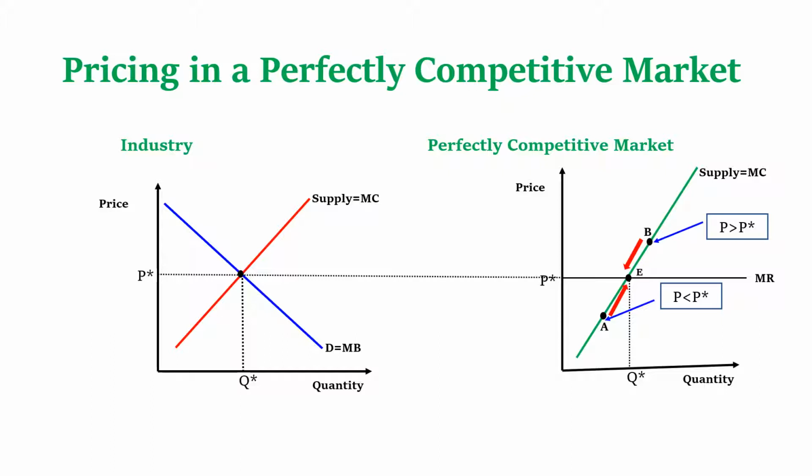At point A, even though its marginal cost is very low relative to the marginal cost at point E, because its opportunity cost is very high, it's going to go out of business if it decides to sell at this lower price. So the only price it is going to sell at is P star, and the quantity that it produces is Q star. So this is how prices are determined in a perfectly competitive market.